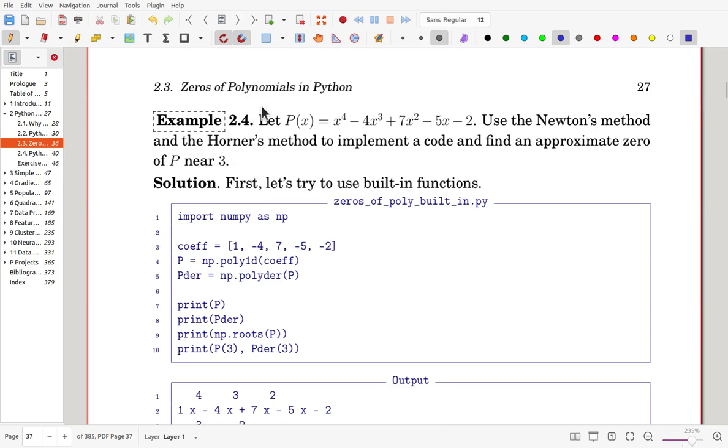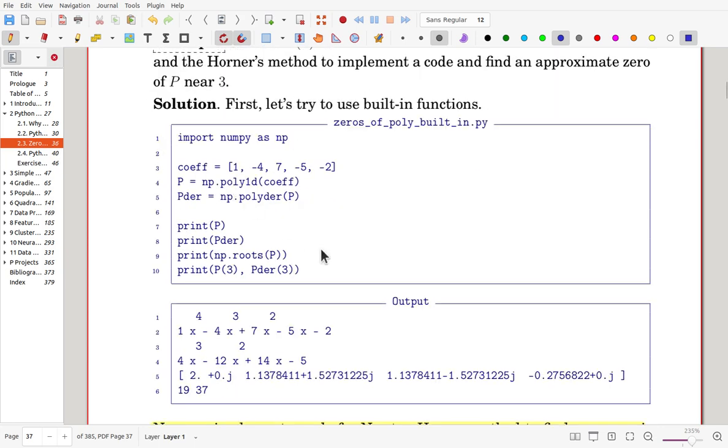Okay, for example, p(x) is given in this way, and we want to use the Newton method and the Horner method to find the approximate zeros of p near 3.